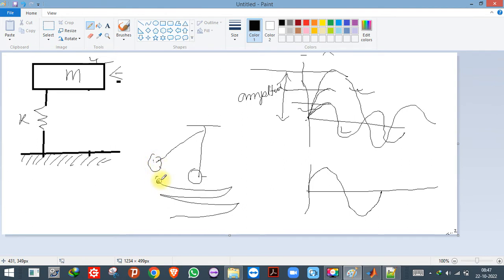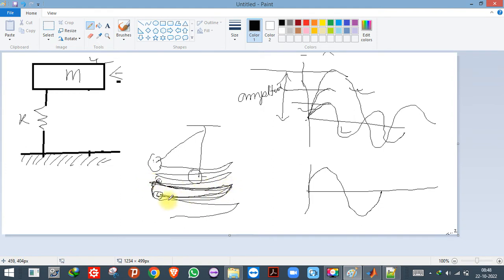The pendulum starts from here, it has gone up to this point, and again it has come to its original position. Now the time required, you just note it down, whatever time required, and in 1 second how many cycles it is performing. Like in 1 second how many times it is coming back to its original position.